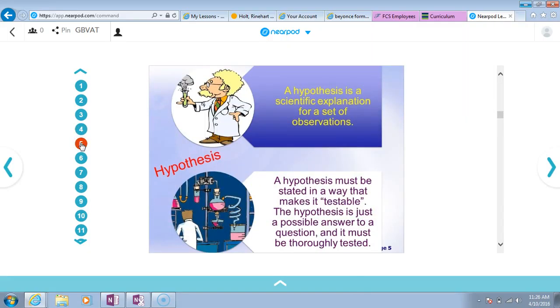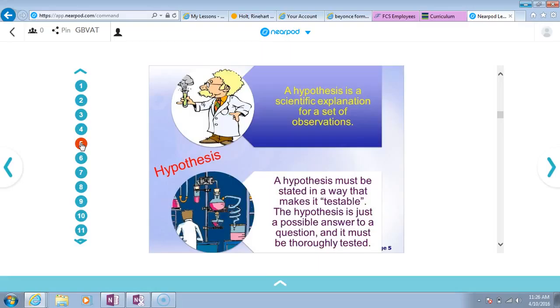Now, a hypothesis is a scientific explanation for a set of observations. Okay? Hypothesis. A hypothesis must be stated in a way that makes it testable. The hypothesis is just a possible answer to a question, and it must be thoroughly tested. So, before a hypothesis comes, you have to form a question. Okay, which we want to get into some explanation on the next slide.